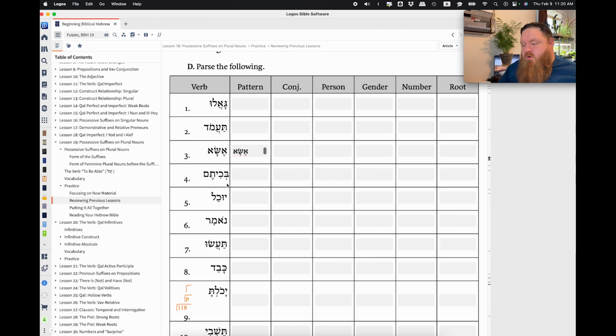All right, number 4, again, 5 letters. So what are my prefixes and suffixes? Bait preposition is a possibility for an infinitive, but this is not an infinitive form. So let's look at suffixes, and we've got the tem suffix. Now, we're used to this tem suffix having a dagesh in it, but that's only because we're used to the tem suffix coming after a letter with a silent shavah in it, in which case a bagad kafat letter like tav is going to have the weak dagesh.